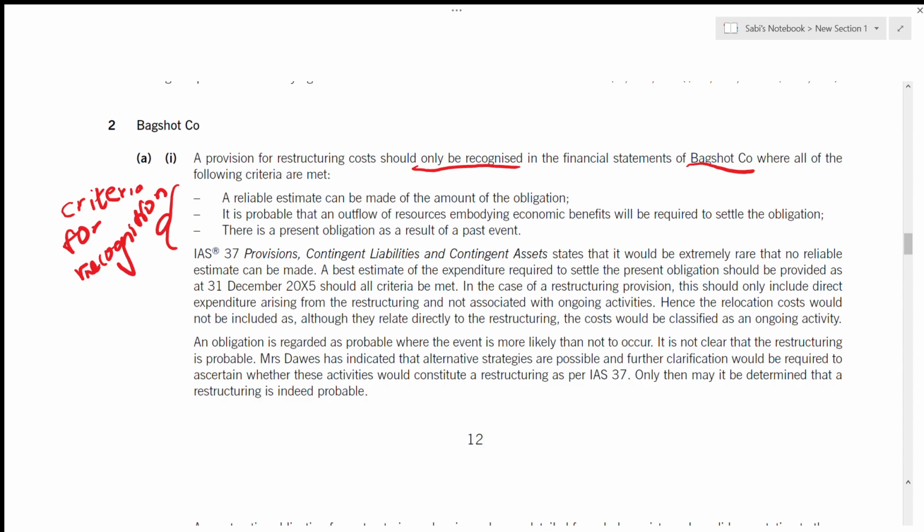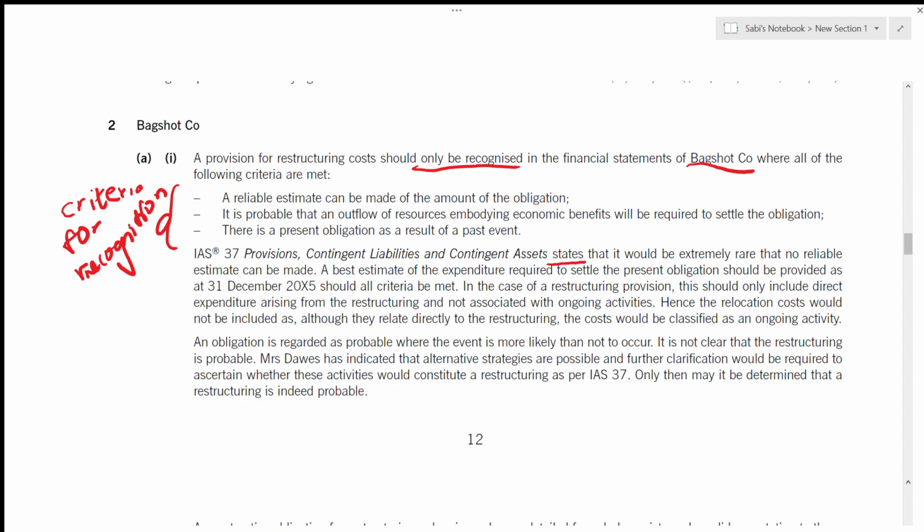Now let's go. So IAS 37, Provisions, Contingent Liabilities and Contingent Assets, states, see the word they are using, right? Whenever you go through the mark scheme, after you do a question or you read the answers, please don't just try to read everything and memorize it.